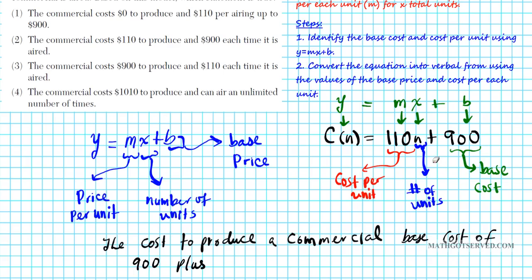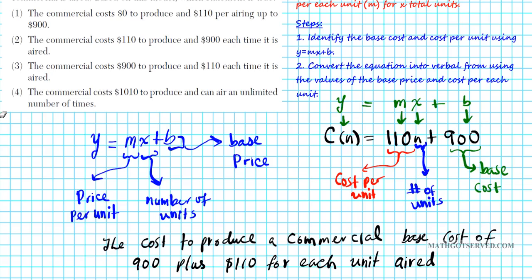What is another way of saying that? $110 for each unit that's aired, each unit of the commercial that's aired. So you have a base cost of 900, regardless of how many commercials you aired, plus 110, the unit cost, times the number of each unit you aired. So that's what this model is telling us.